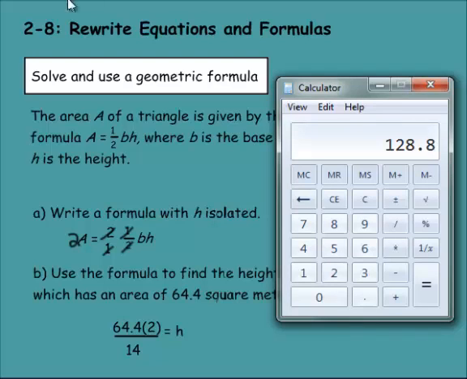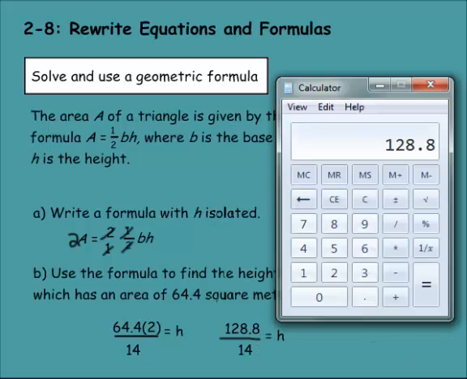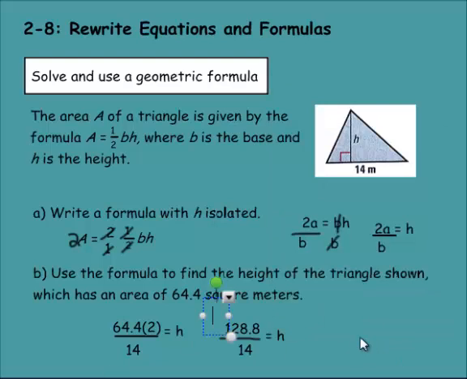It's 128.8. That's divided by 14. And that's going to equal h. 128.8 divided by 14. That's 9.2 for an answer. So h equals 9.2. So that would be the height of the triangle using the remade formula that we created.